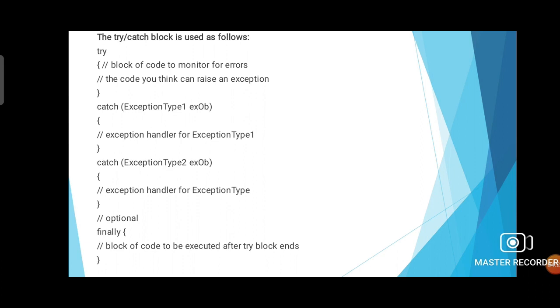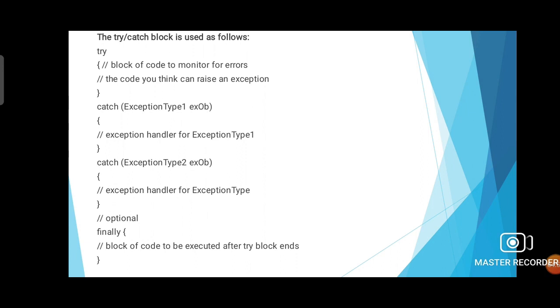Now the catch block. The catch block will declare one type of exception, and consists of the code which will handle the exception, which is the remedial action that has to be executed if that particular type of exception arises.